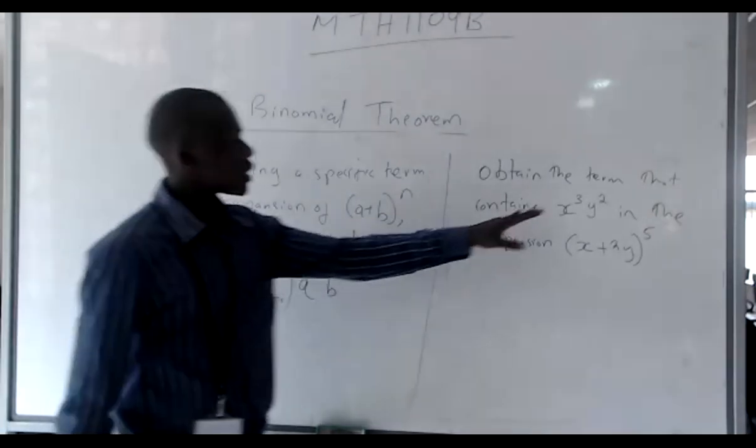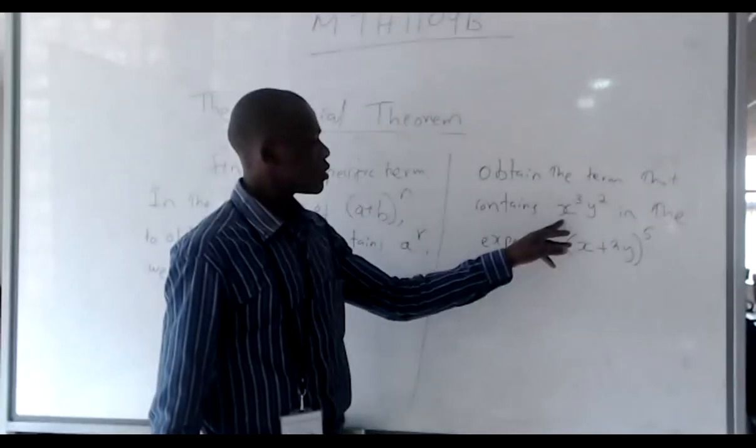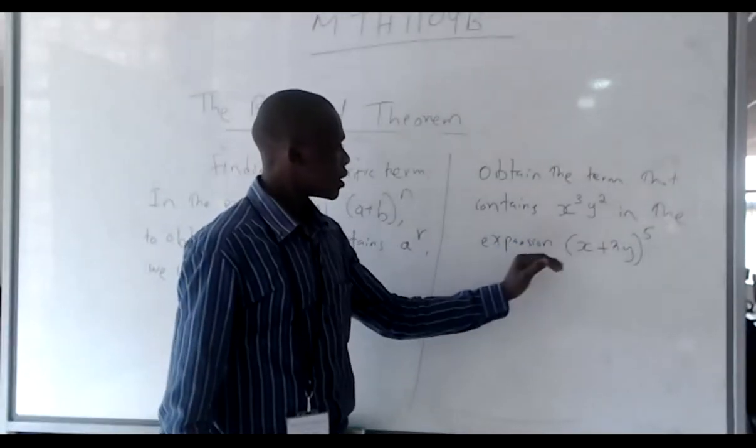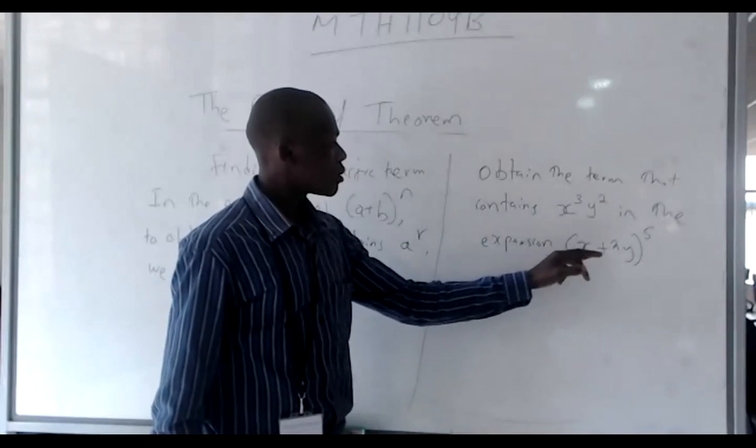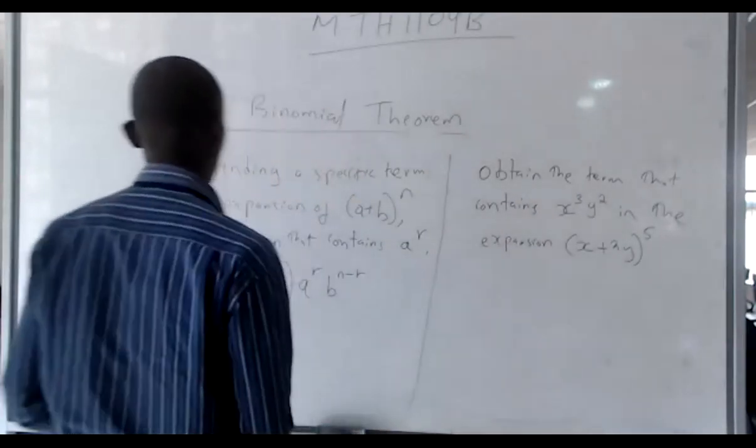Obtain a term that contains x cubed y squared in the expansion of (x + 2y) to the 5.